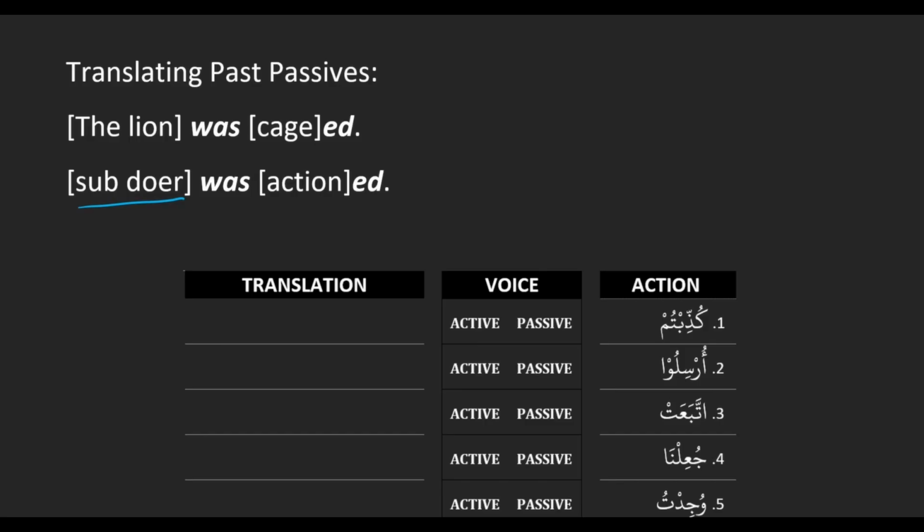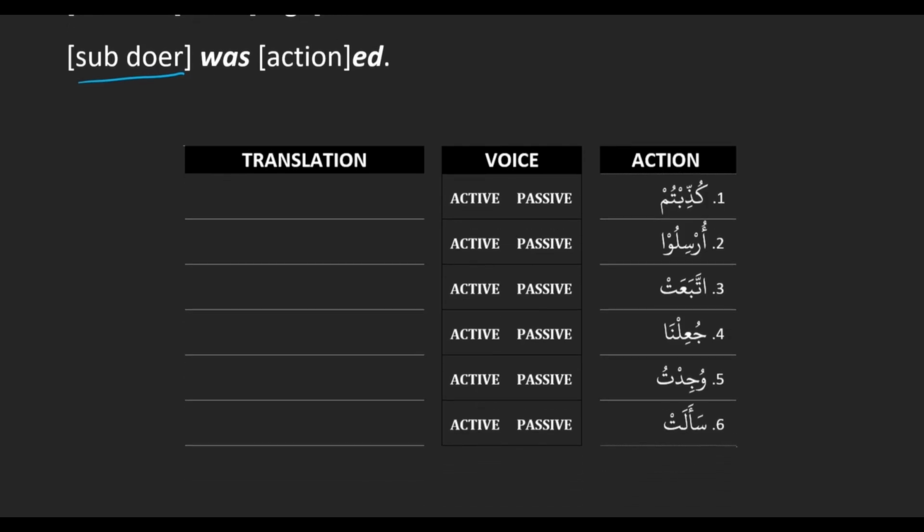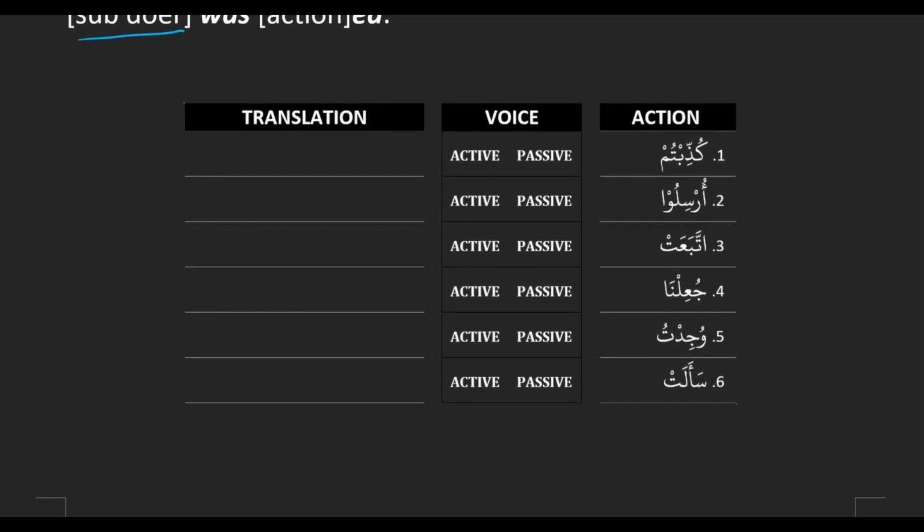Okay, so we're going to do the same activity we just did with the added step of translating. We'll start by telling me if it's passive or active, then we'll translate it. Number 1, كذبتم. We have a u on the first letter. The tum is our indicator, so we hide that. Second to last letter has an e sound, so this is passive. How do we translate a passive?